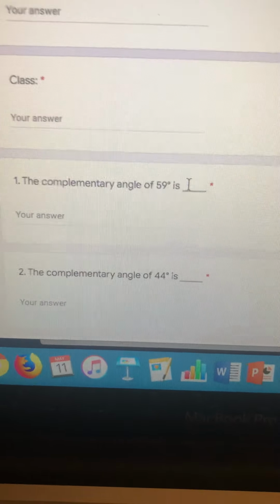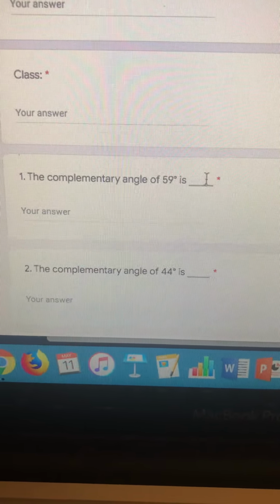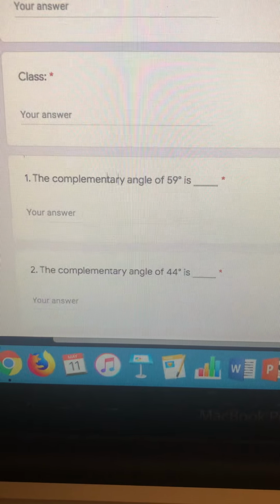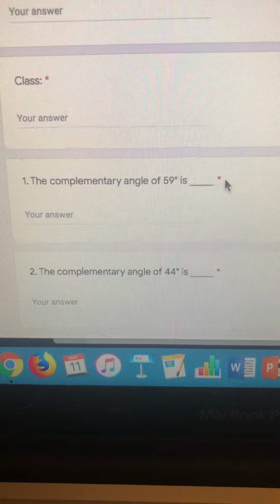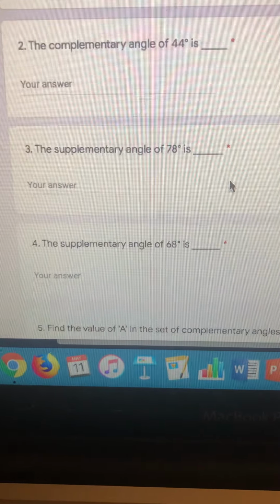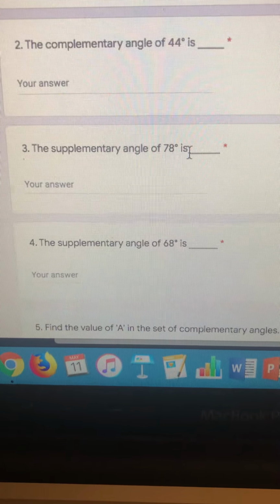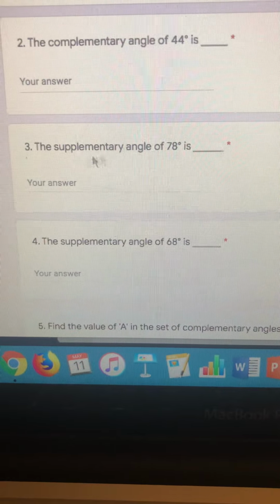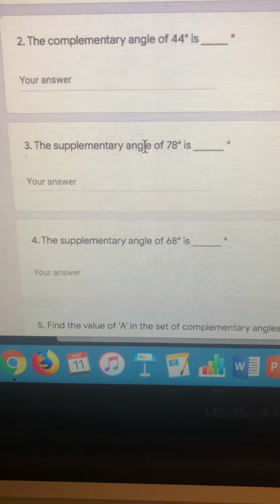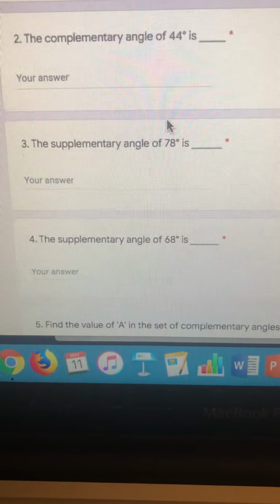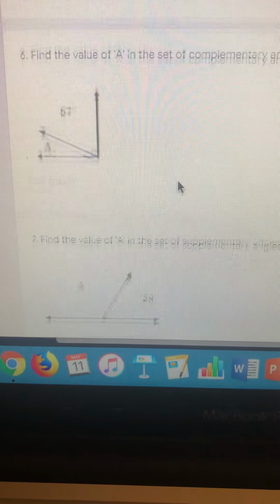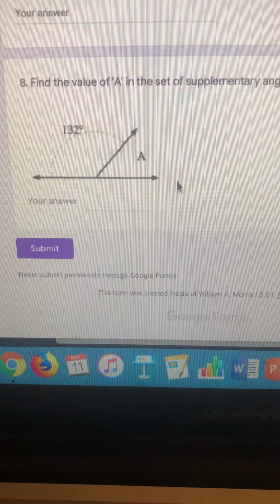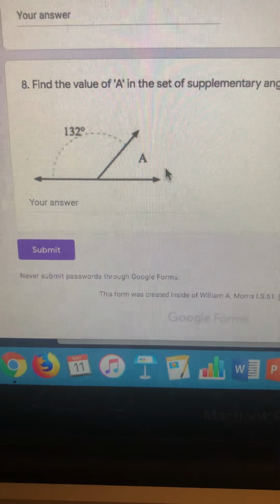So they say the complementary angle of 59 degrees. Complementary means they add to 90. So you would do 90 minus 59 to figure out this answer. Same here. The supplementary angle of 78 degrees, supplementary means they add to 180, so you would do 180 minus 78. Okay, and then the other 4 are visuals, so you should know which ones equal 180 and which ones equal 90.